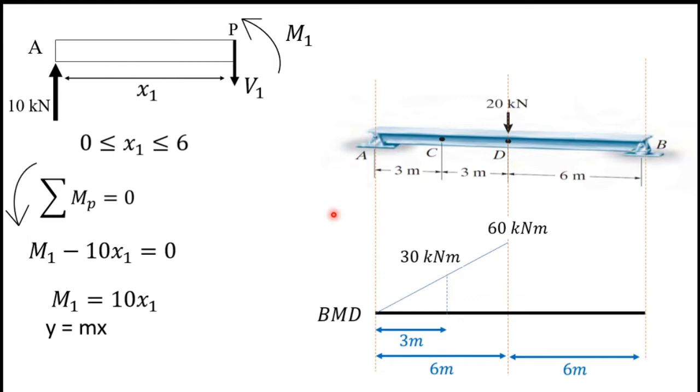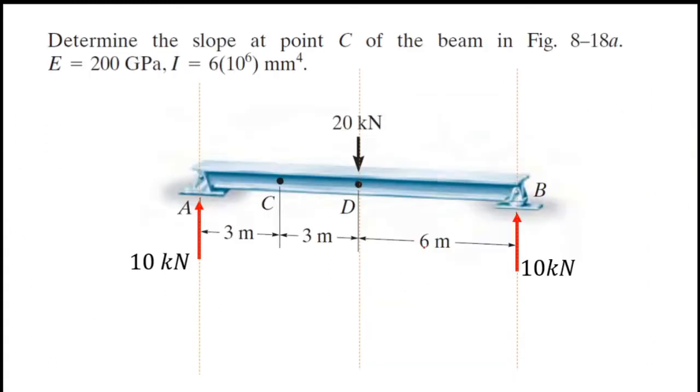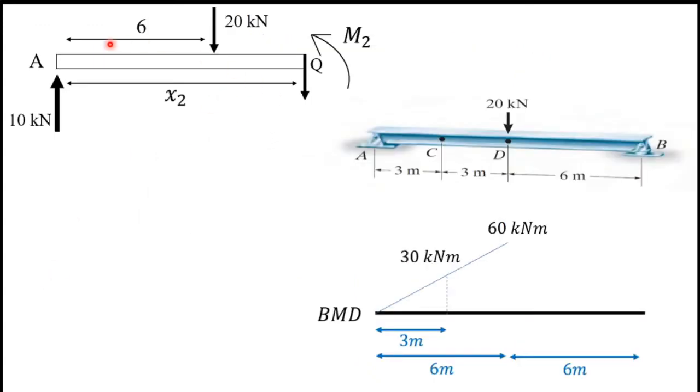Next I will draw the bending moment diagram for this DB part. For that I will cut this beam through a random point between D and B. Then I will mark this distance as x2. Next I will draw this part of the beam on the next page. Here you can see I marked the distance as x2.